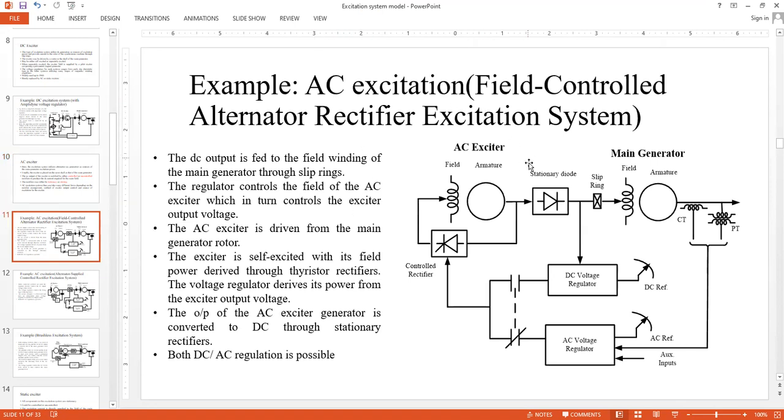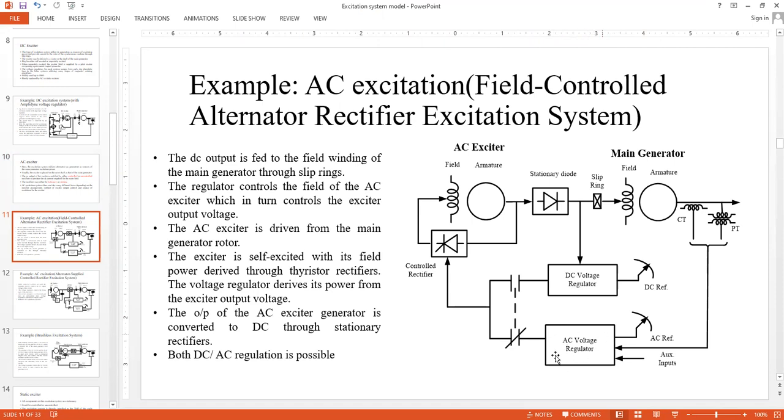One was the field control alternator rectifier excitation system, where we had provisions for both DC voltage regulation and AC voltage regulation. The DC voltage regulation was the manual control, and the primary or main control is provided by the AC voltage regulator. So this has priority over the DC voltage regulator.